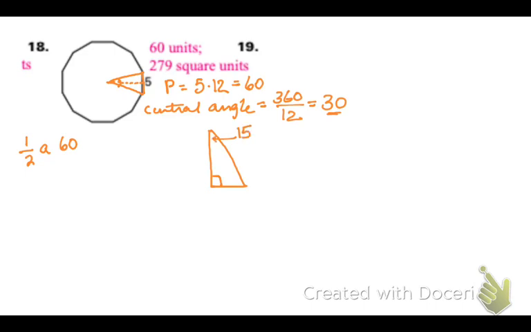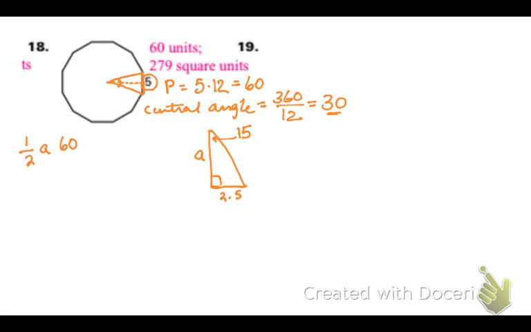And in this case, we don't need to find the perimeter anymore because we already know it. So all we need to do is find this apothem. So how do we do that? We know that the whole side is 5, so the half side, when I make my triangle, is equal to 2.5.